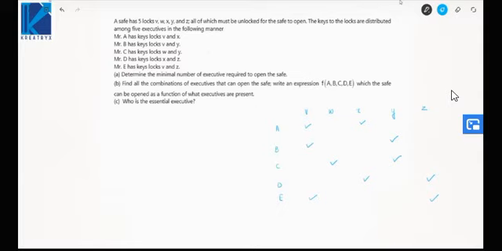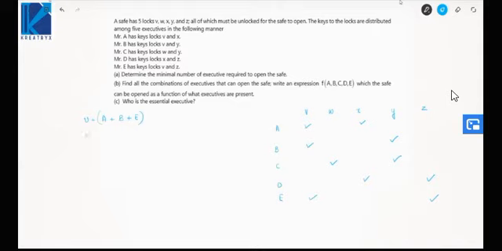It is first asking to determine the minimum number of executives required to open the safe. How many minimum number of people are required in order to open the safe? Now, to open the lock V, either A, B or E can be present. So, V will be A plus B plus E. Either of them can be present.